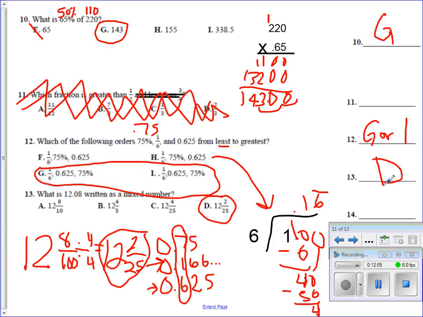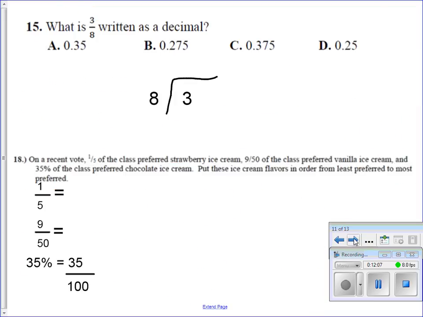Choice D. Okay. Here's our last set of questions. What is 3/8 written as a decimal? Well, 3/8 is a division problem. 3 divided by 8. So we set this up, 3 divided by 8. Bring up my decimal, because 8 does not go into 3, but 8 goes into 30 3 times. 3 times 8 is 24.